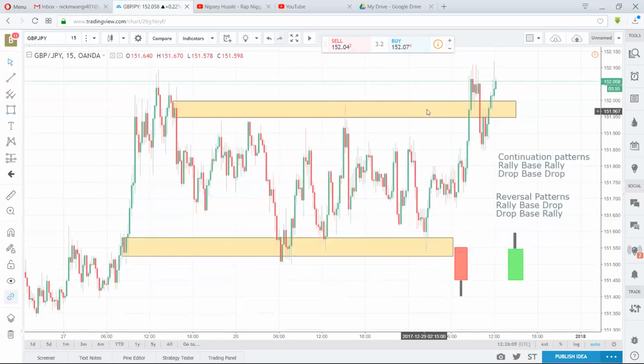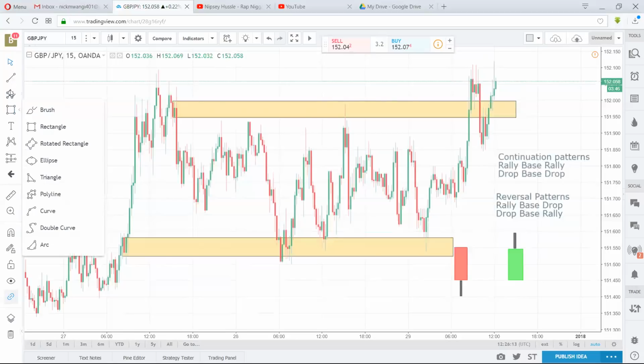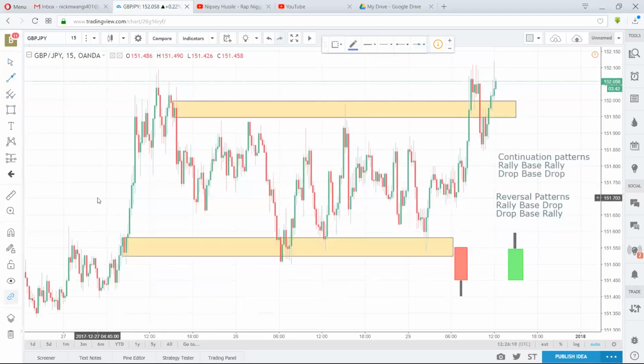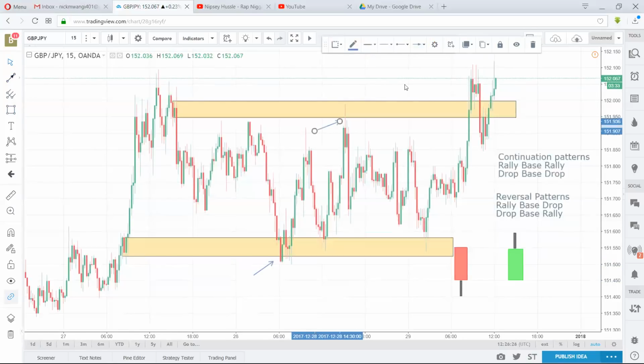Okay. So we shall talk about a few things using this. Let me put the arrows where they're supposed to be so that people can see. So we shall talk about this. We shall talk about this. And we shall talk about this.